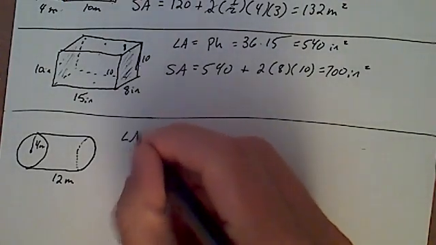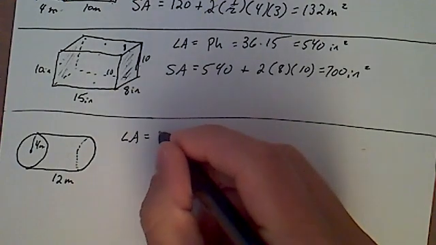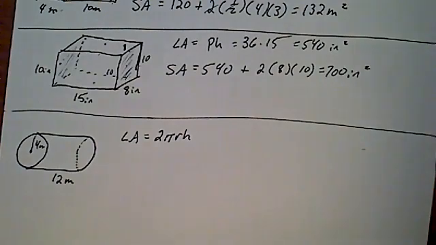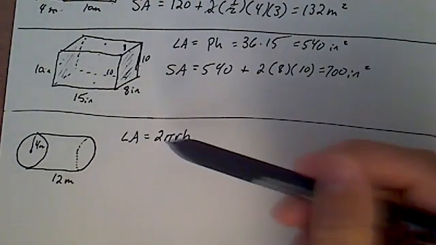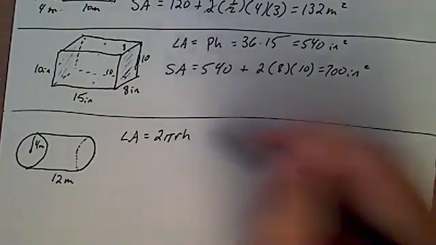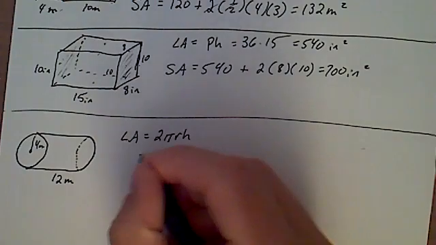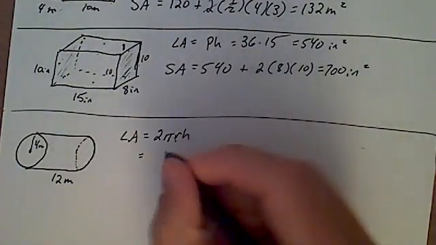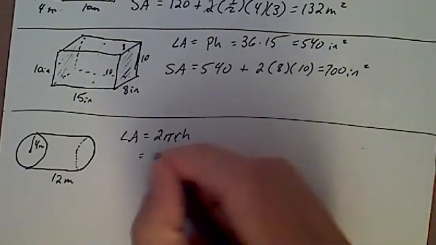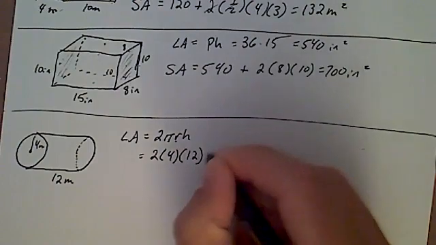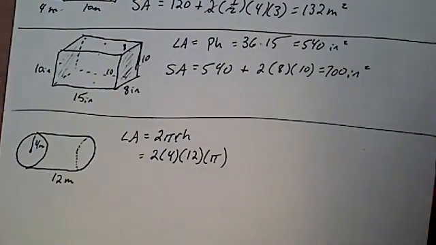So our lateral area is 2 pi r h, right? And notice, again, that's just the perimeter, the circumference, times the height. The radius is 4, so we get 2 times 4 times the height of 12 pi.